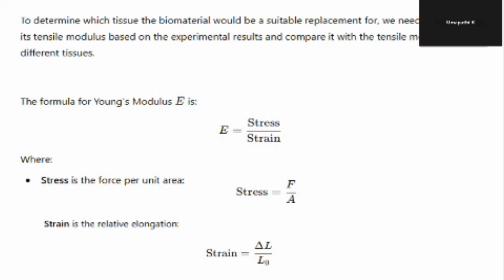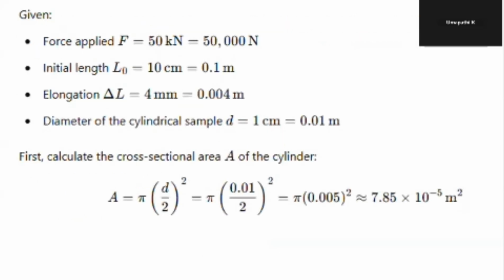We are familiar with the formula: E is nothing but stress by strain, where stress is force per unit area, so stress equals F by A. Strain is relative elongation, that is, delta L by the original length L0.